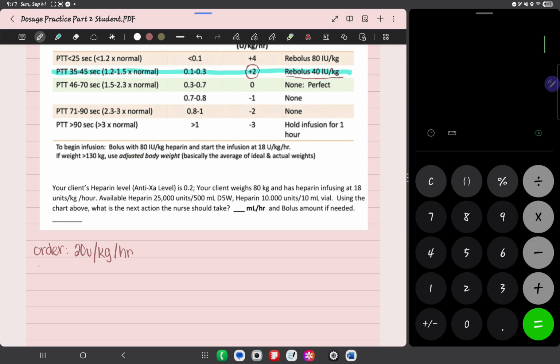Okay, then we have the supply. So I'll just put available. And that is 25,000 units per 500 milliliters. And we need milliliters per hour.